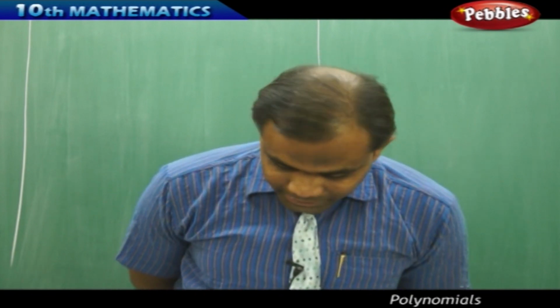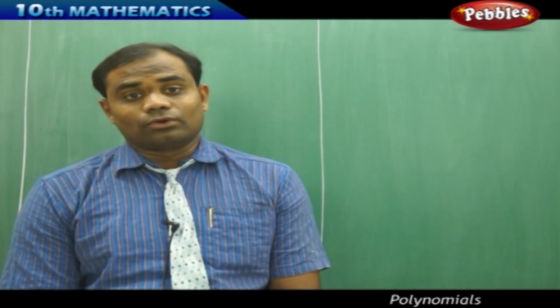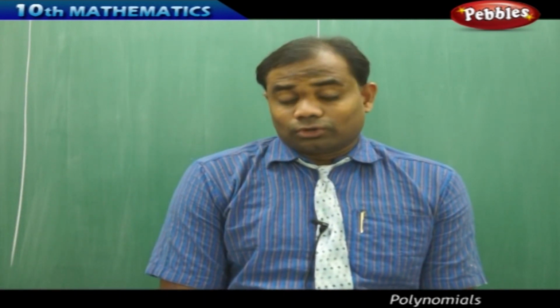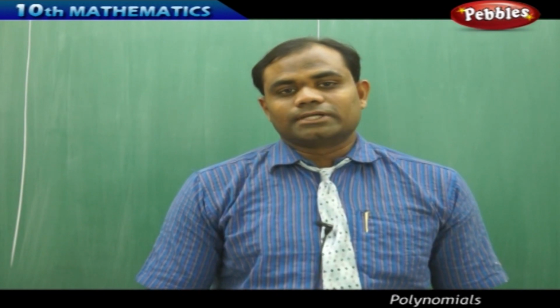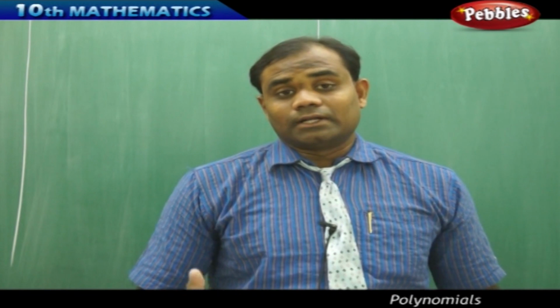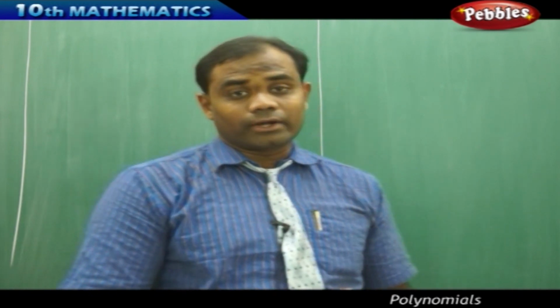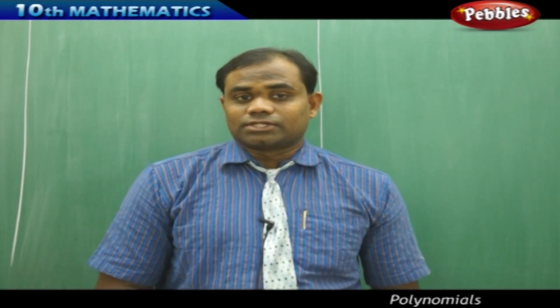On similar grounds as the linear polynomial, we will now discuss the quadratic polynomial. A linear polynomial has degree 1 and a quadratic polynomial has degree 2, and we are going to study the graphical understanding of what the shape of a quadratic polynomial would be. The shape of a linear polynomial is a straight line.